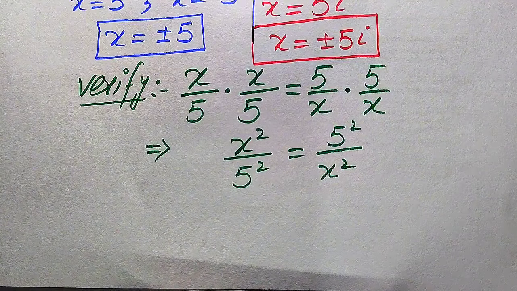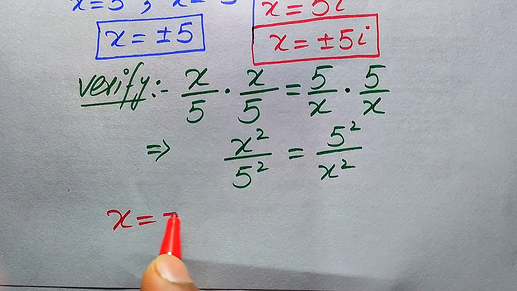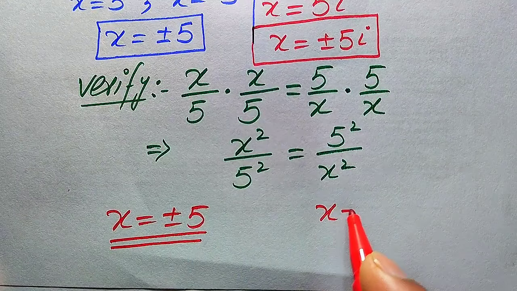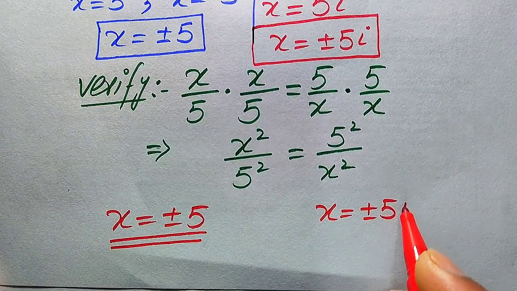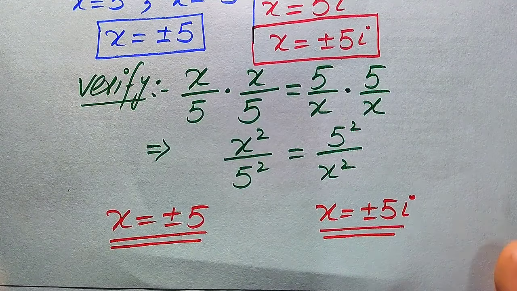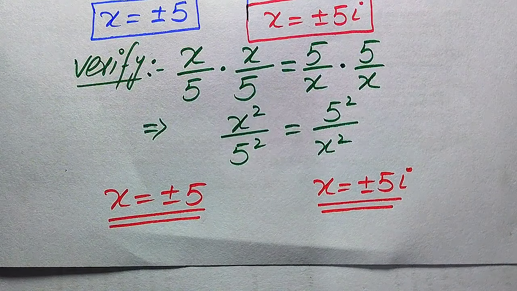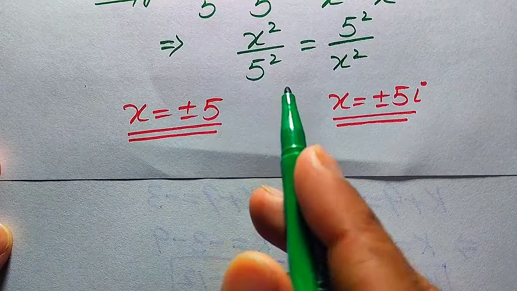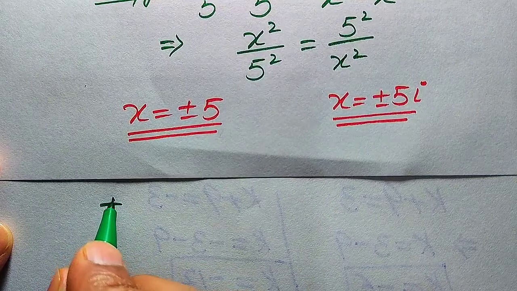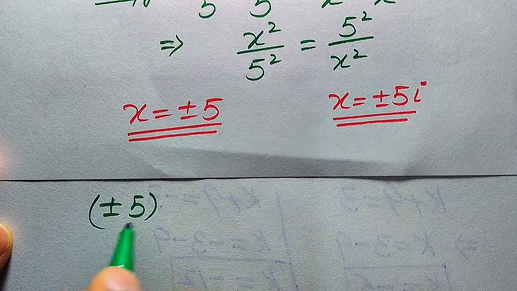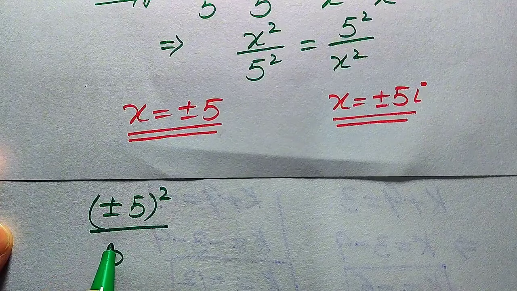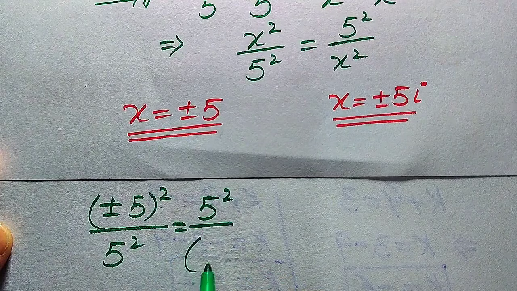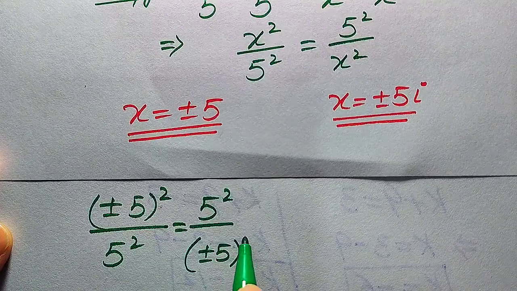And now on this side we will verify x equals plus minus 5, and similarly on this side we will verify x equals plus minus 5 iota. Okay, so we verify all of these values. When we put this value into the given question statement, it will be written as plus minus 5 square divided by 5 square equals 5 square divided by plus minus 5 square.